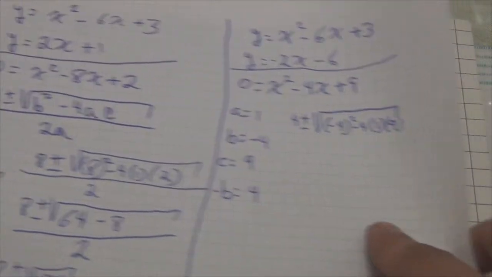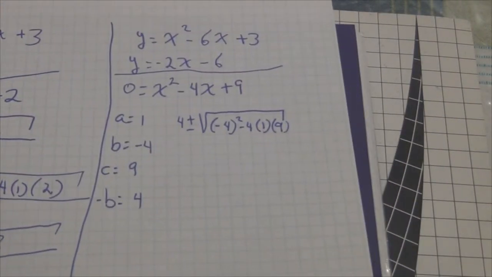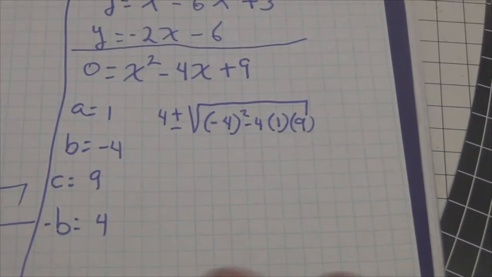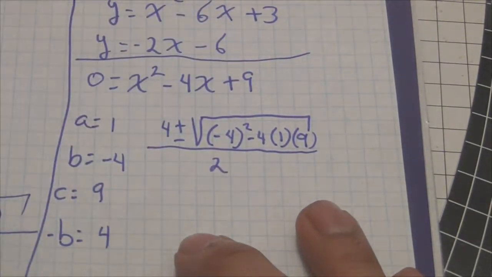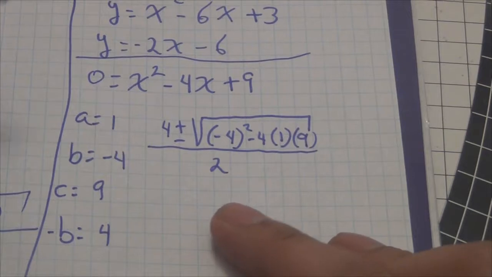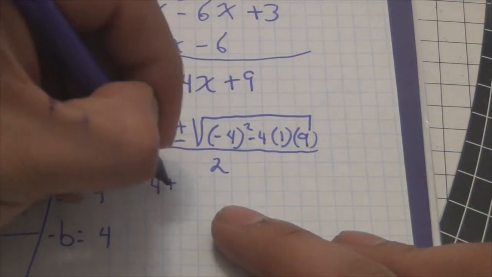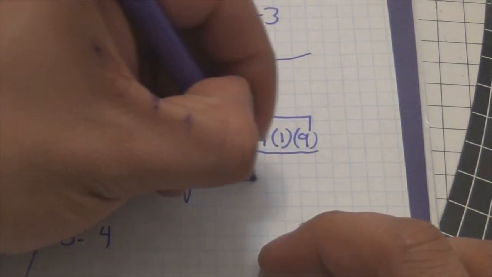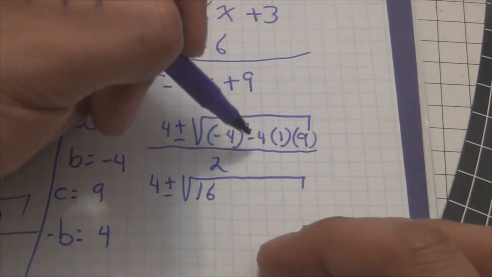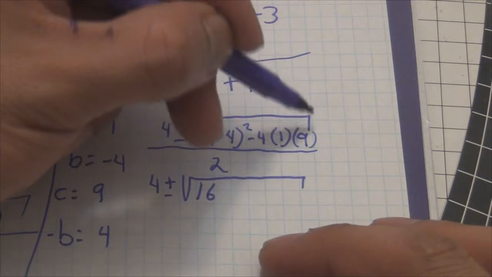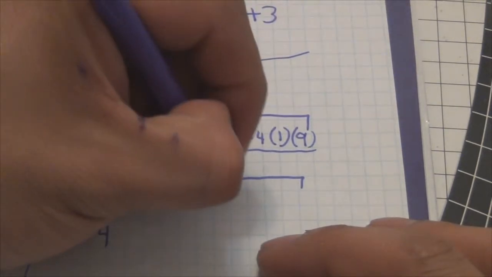Okay, now that I have it set up, I'm going to zoom in. Everything divided by 2a, which is 2 times 1. So 4 plus or minus, negative 4 squared is 16. Now, negative 4 times 1 is negative 4, times 9 is negative 36.